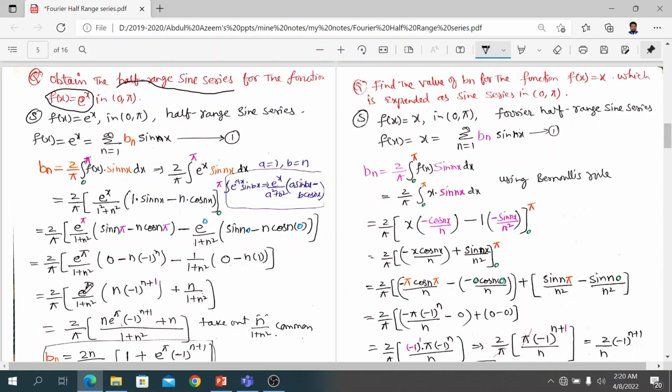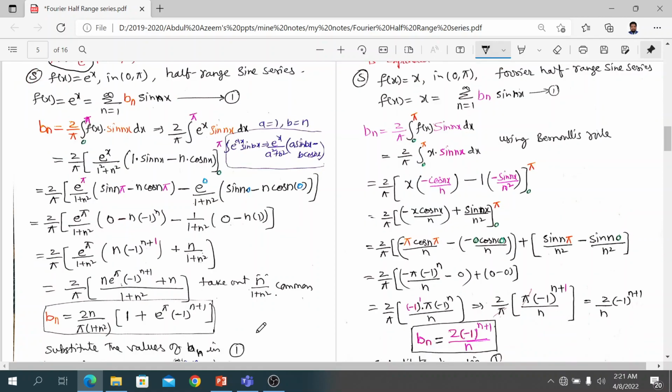Take out n by 1 plus n square common. So 2n by pi into 1 plus n square common, into 1 plus e power of pi minus 1 power of n plus 1. This is our bn value.